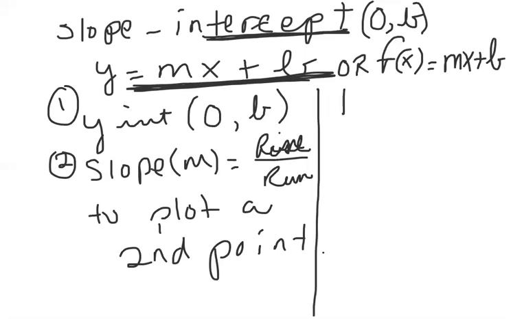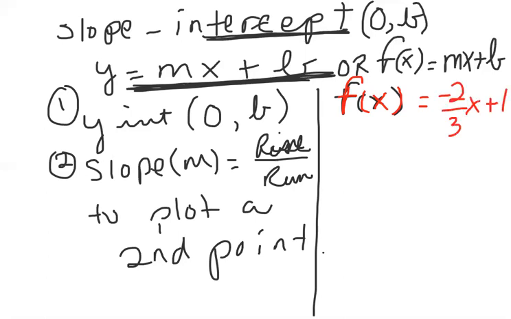Now, here's an example problem, guys. f(x) is equal to, let's find an easy one. Okay, let's do this one right here: f(x) = -2/3 x + 1.